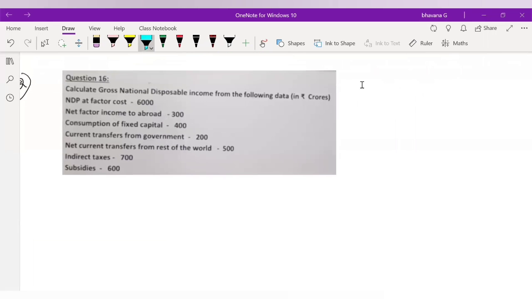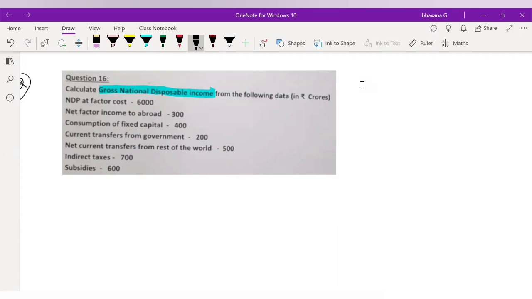Calculate gross national disposable income. Here they have given you a different thing: gross national disposable income. So what is the gross national disposable income? Here I'll give you the formula.